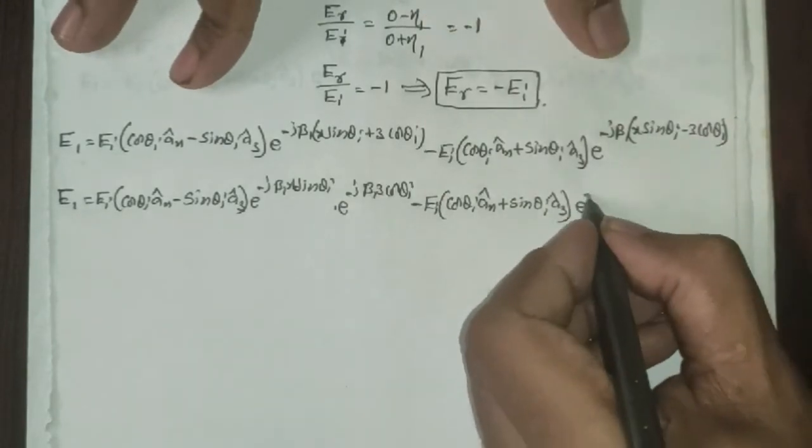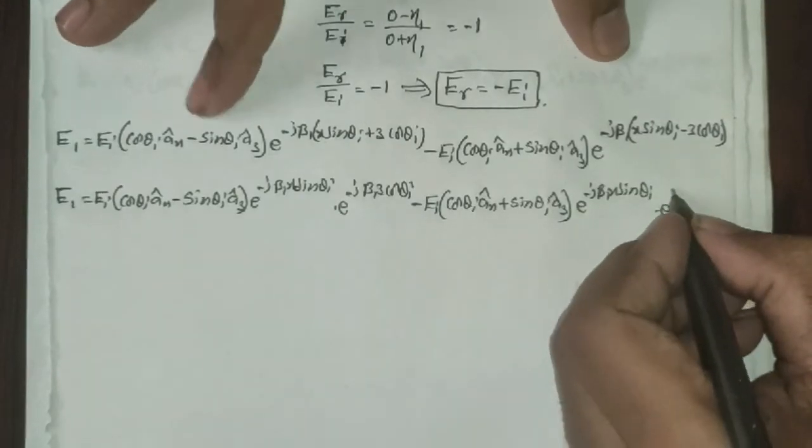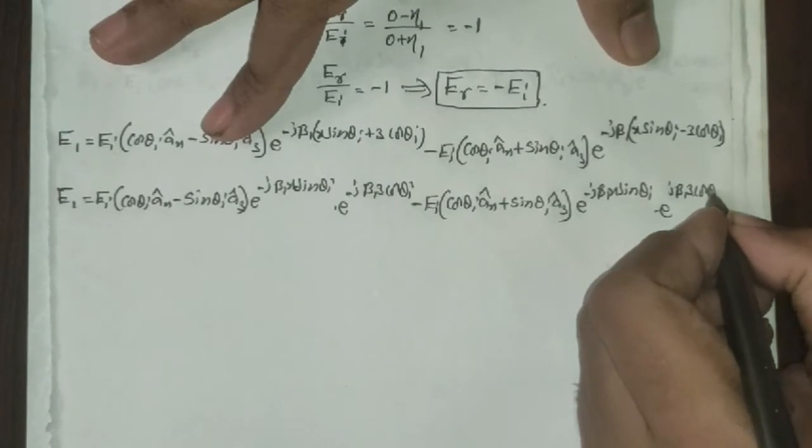So this can be written as e to the power of minus j beta 1x sin theta I into e to the power of j beta 1z cos theta I.